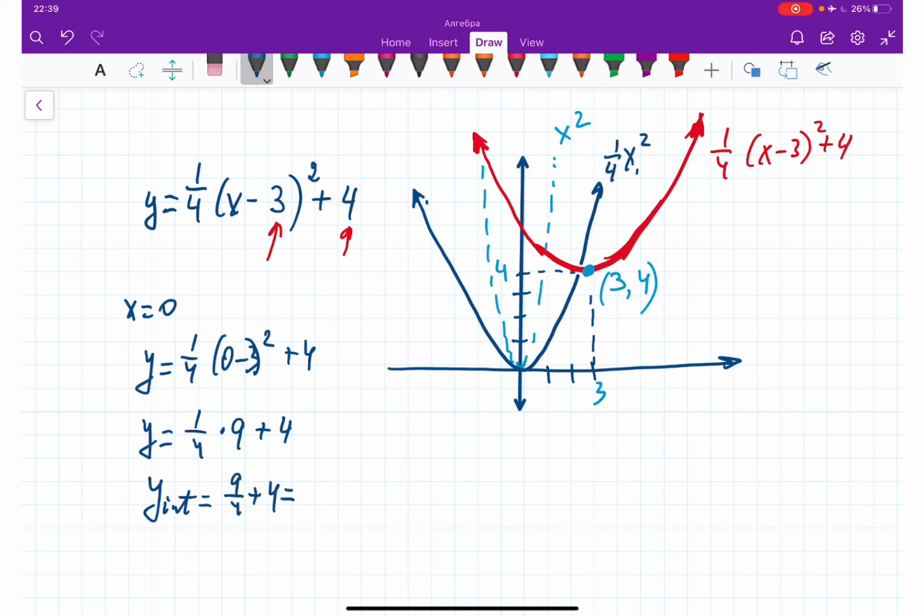So 9/4 is 2 and 1/4, so 2 and 25 hundredths plus 4, it's going to be 6 and 25. So approximately it looks like 4, 5, 6 and 25, this point. Okay? 6 and 25. All right.